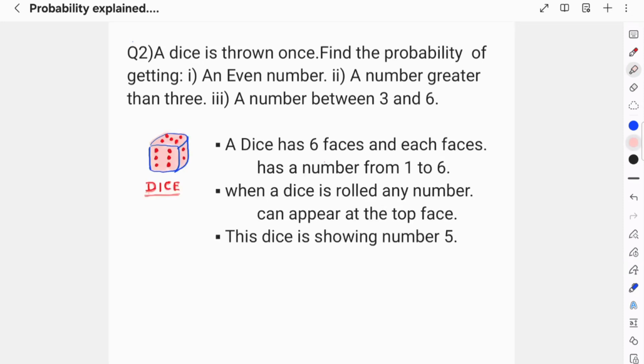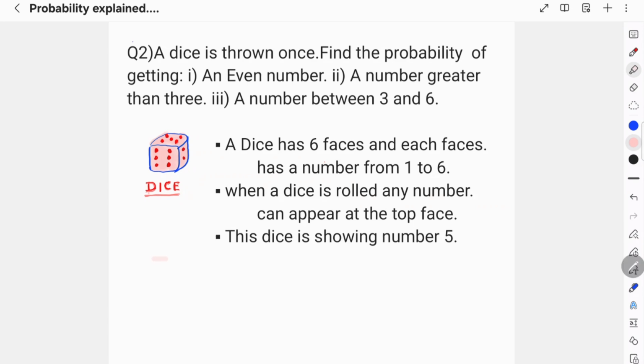So you can see a dice drawn on this page. The dice has basically 6 faces and each face has a number from 1 to 6. So when a dice is rolled, any number can appear on the top face.